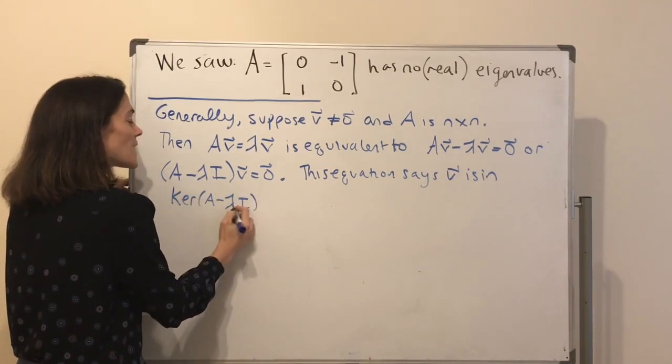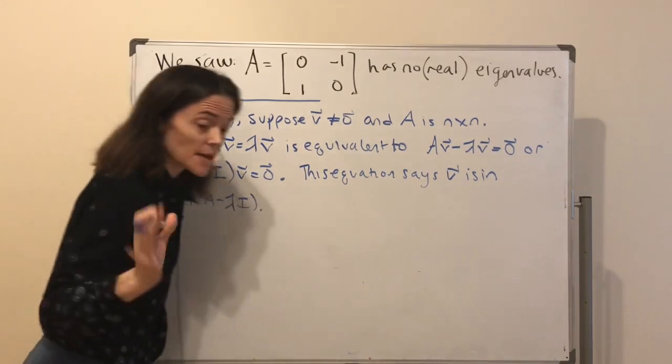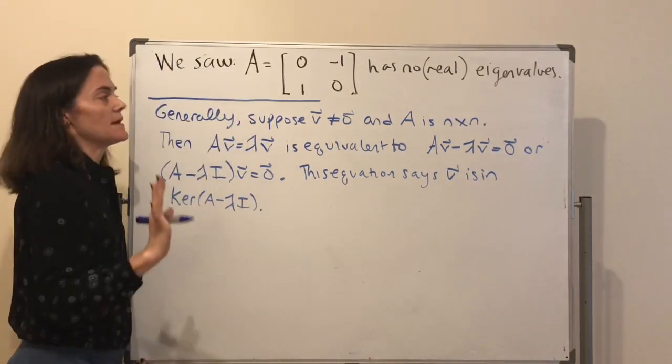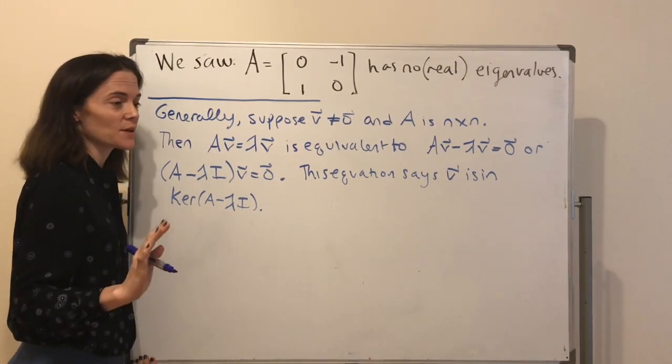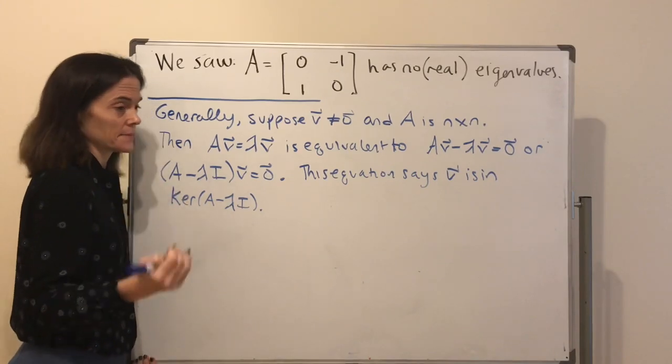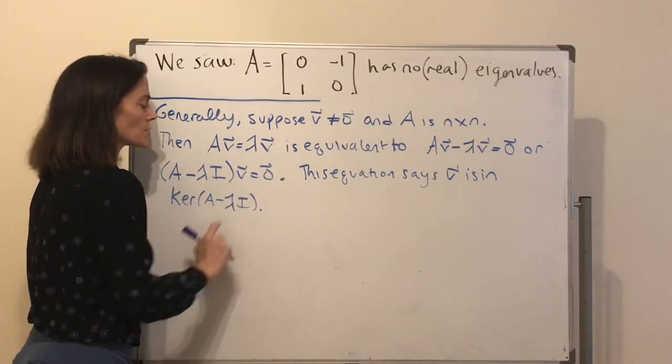A minus lambda I is an n by n matrix, and it has some kernel. So to be an eigenvector with eigenvalue lambda, you must be a non-zero vector in the kernel of this.